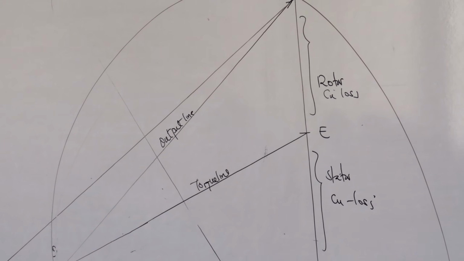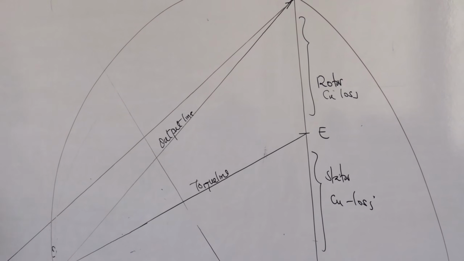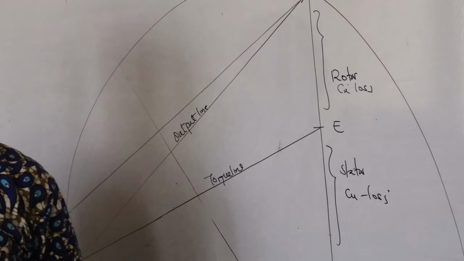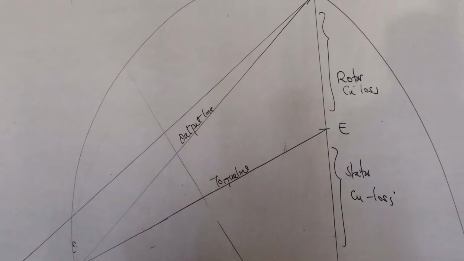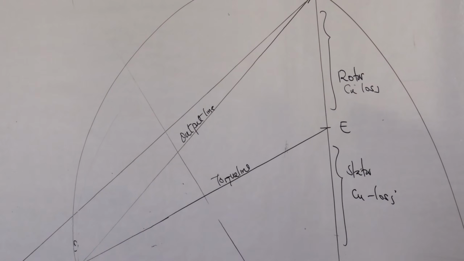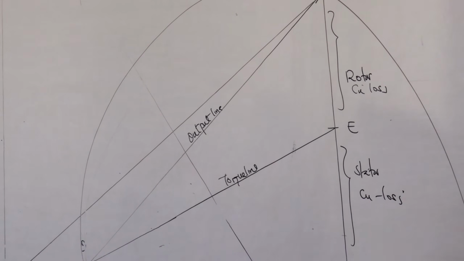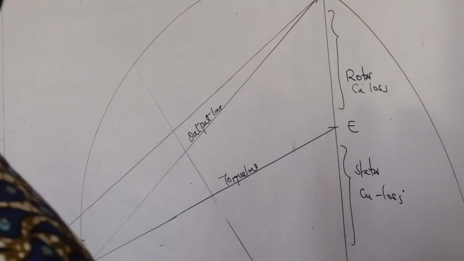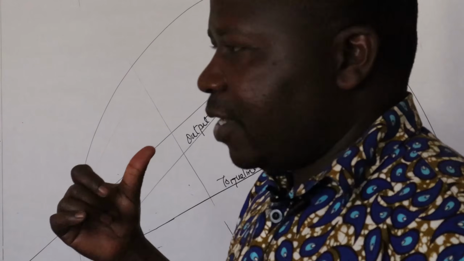I want everybody to reach here because I want to change gear. This is where all people lose the point on the circle diagram. Everybody must reach here so that I change my gear.